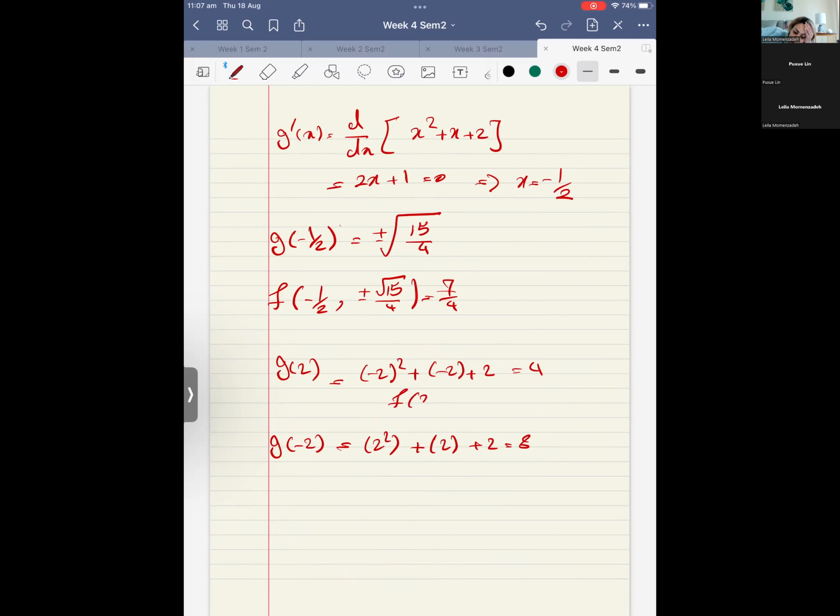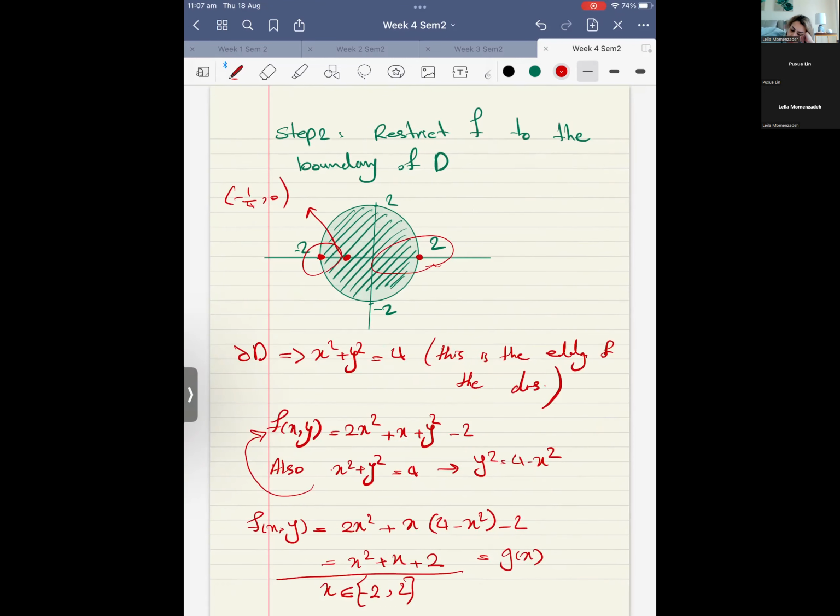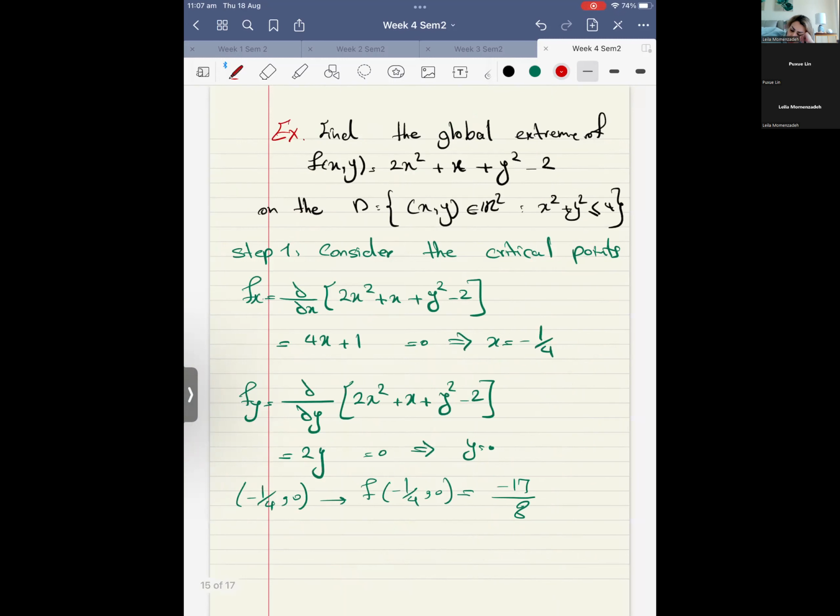It means f(2, 0) is equal to 8, and f(-2, 0) is equal to 4. You have some points: you find this point, you find this point, and also you find another point here, this point.